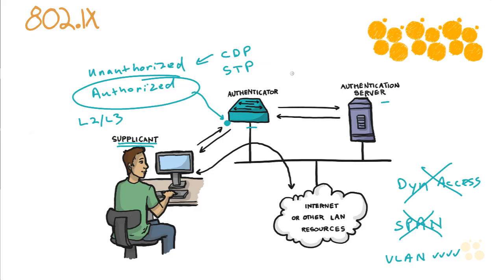But as you might guess, a very common mistake is to confuse these 2 terms right here. The authenticator versus the authentication server. Remember, the authenticator is our Cisco switch, and the authentication server is our Radius server. You gotta drill that into your head because those terms are so similar. It would be very simple to confuse those in your written exam.